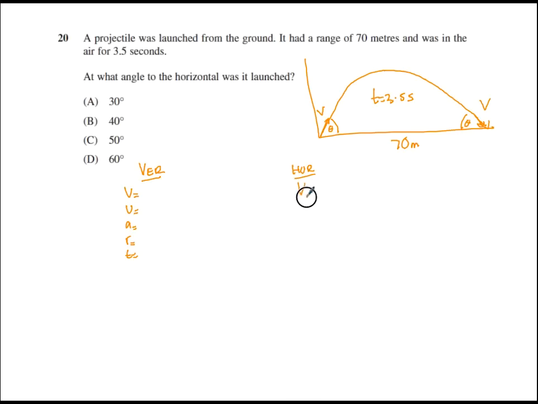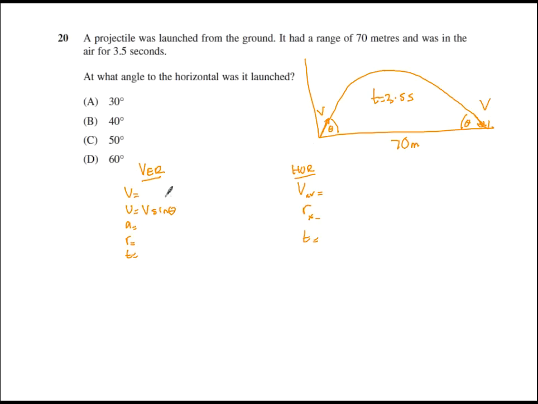And also, of course, in the horizontal, I do not write 2 different velocities because we have constant velocity in the horizontal direction. So we have these variables here. If I substitute everything in, with upward being the positive direction, my initial velocity is going to be v sine theta. I'll leave the units out for a second.